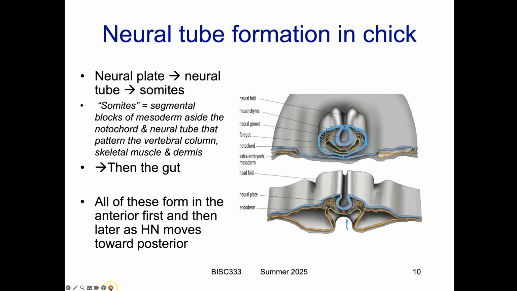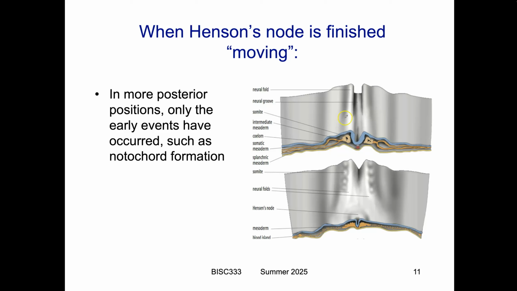And then if we move more posterior, we've got just the neural folds and the neural plate, but we don't have the somites. And we have the notochord here, but we don't have any gut forming at all. And we have certain kinds of mesoderm that is starting to form somites. And then right in the most posterior, this is where the node is, and we're just starting to see the folds develop.